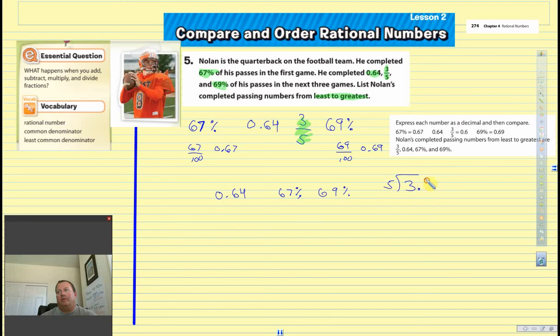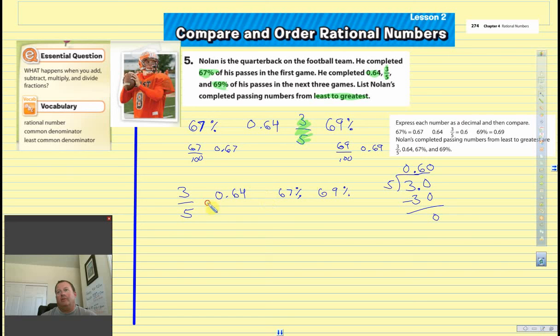Well, put a decimal in there. 5 goes into 30. 6 times 5 is 30. Ooh, look at that, a terminating decimal. And since that's going to be 0.6 or 0.60, well, that's going to be the smallest, isn't it? So my 3/5 is going to go here.